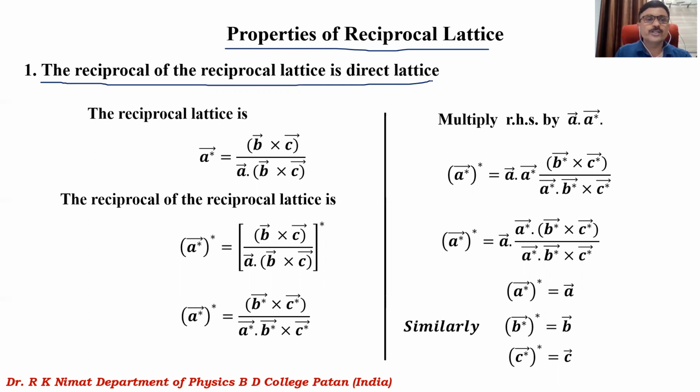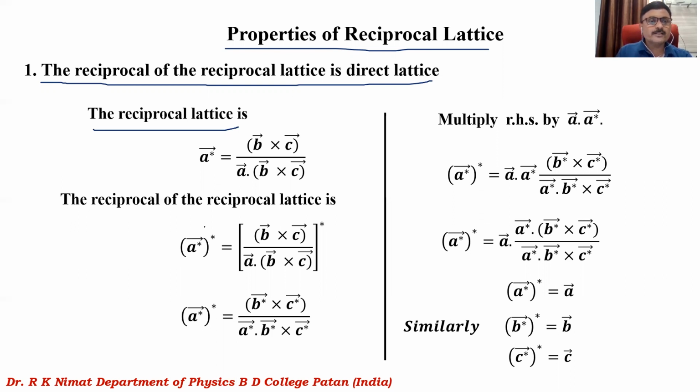That we will show here. We know that the reciprocal lattice vector is given as vector A star or vector A asterisk is equal to vector B cross vector C by vector A dot vector B cross vector C. So here A, B, C are the vectors in direct lattice, and A star is a reciprocal lattice vector.